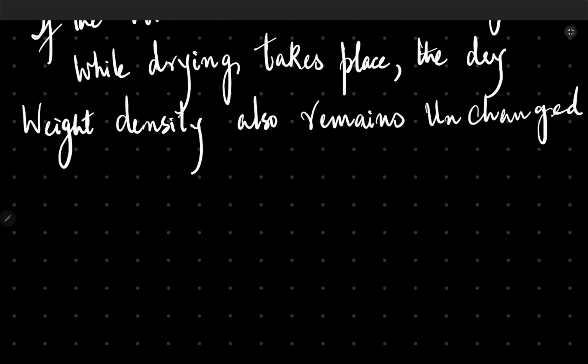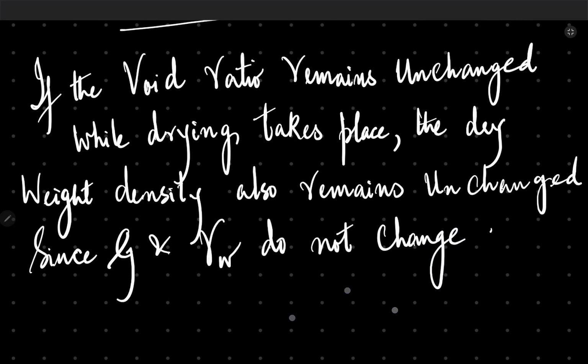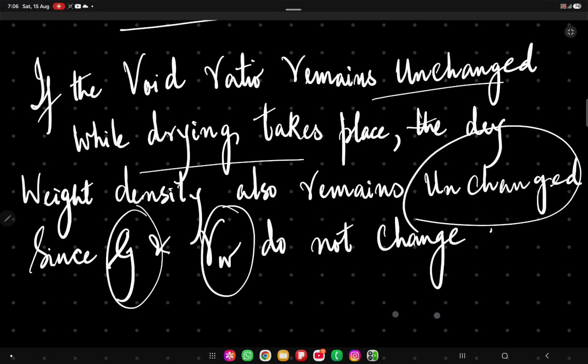The dry weight density also remains unchanged, since G and the density of water do not change. If the void ratio remains unchanged while drying takes place, the dry weight density also remains unchanged, because this factor and this factor do not change.